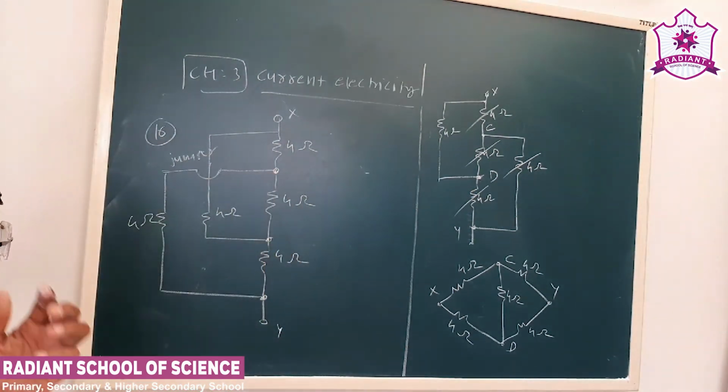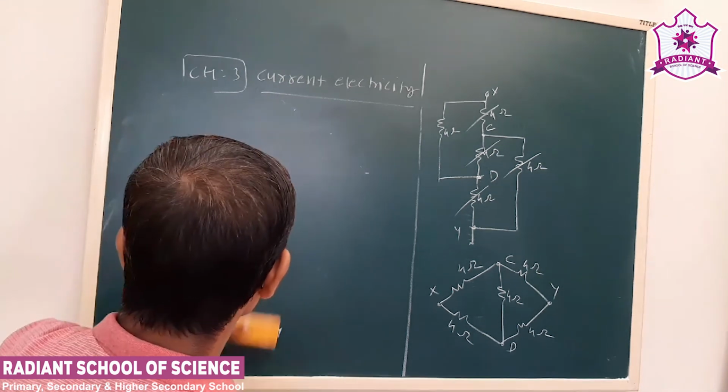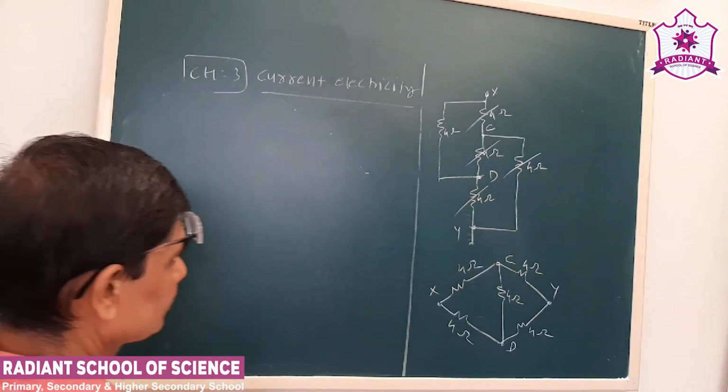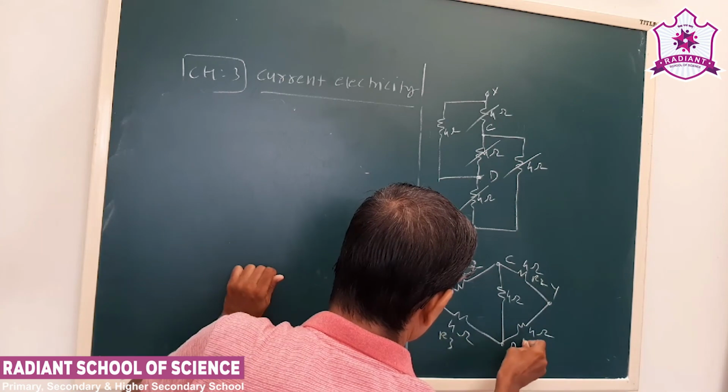Now we have to check whether it is a balanced Wheatstone bridge or not. Let us say R1 and R2, and this we term as R3 and R4.